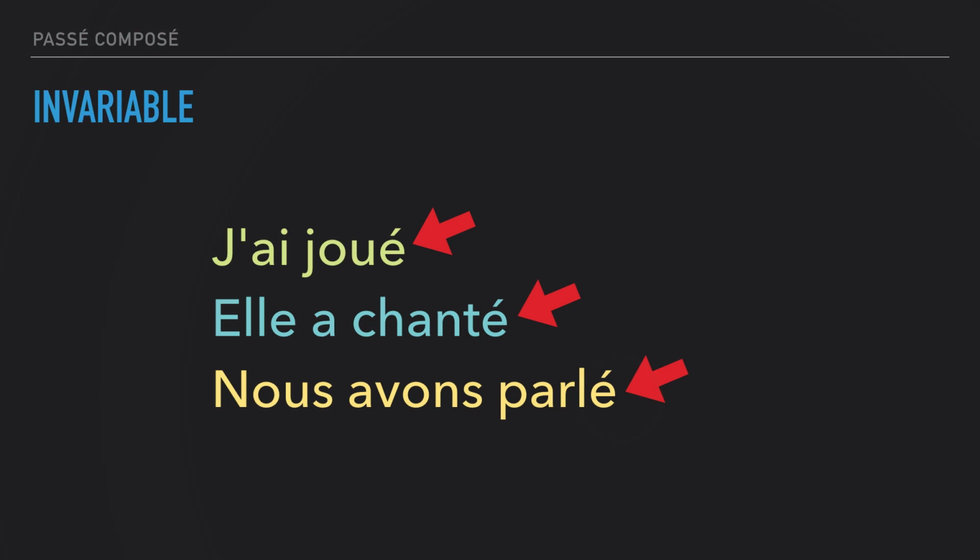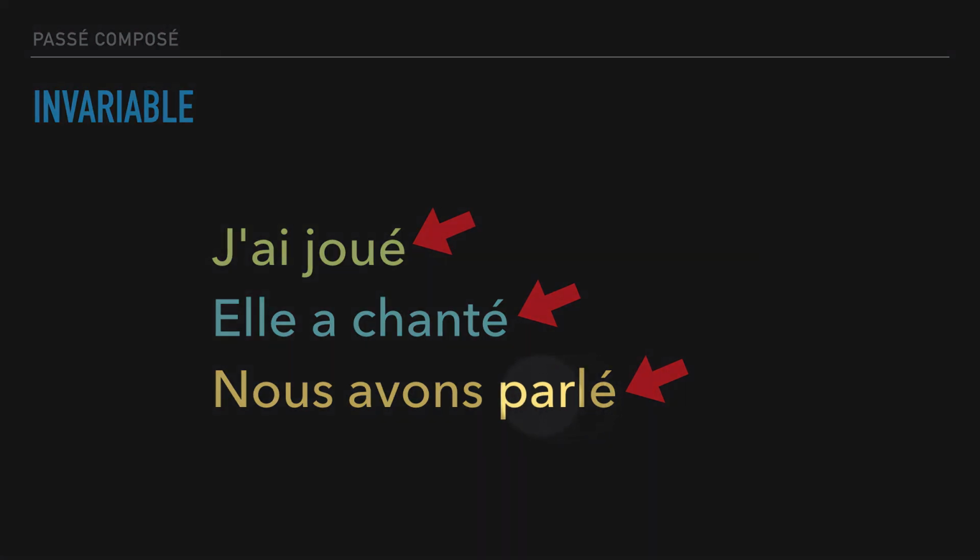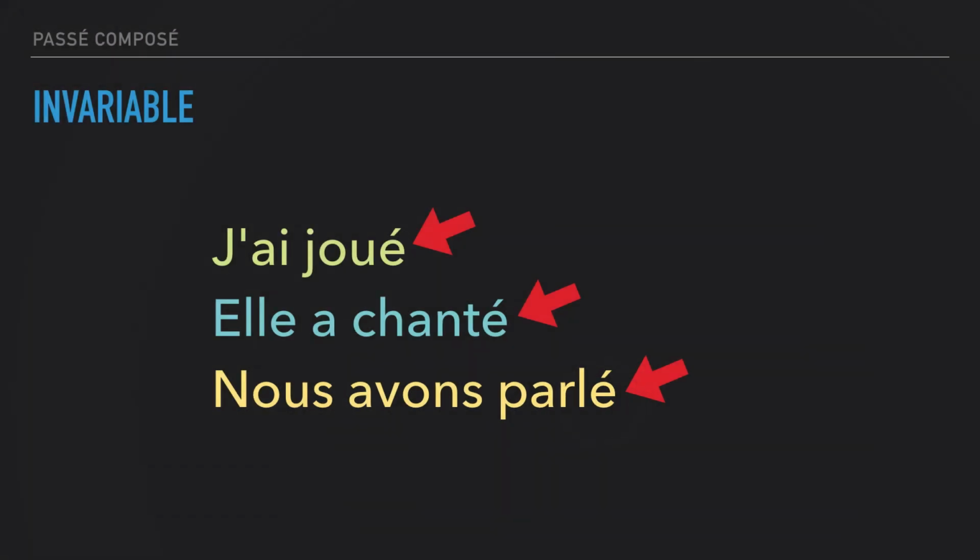Why? Because actually there is no agreement between the past participle and the subject of our sentence. So it seems to be always invariable in this kind of short sentences. J'ai joué, elle a chanté, nous avons parlé, no agreement.